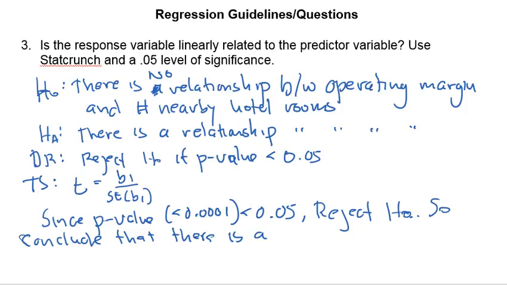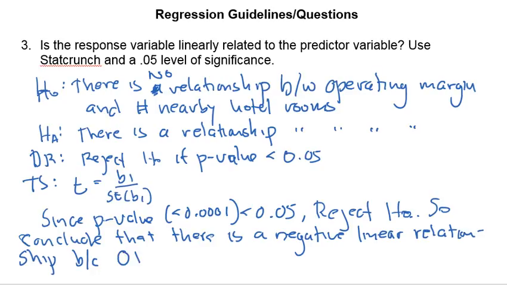And because we know that the correlation is negative, there is a negative linear relationship between operating margin and number of hotel rooms nearby.